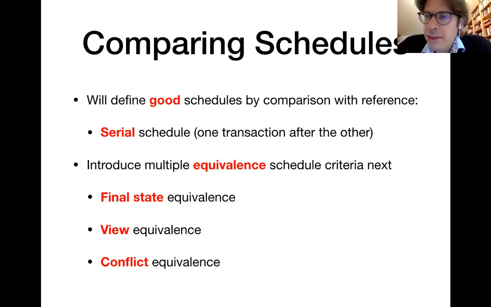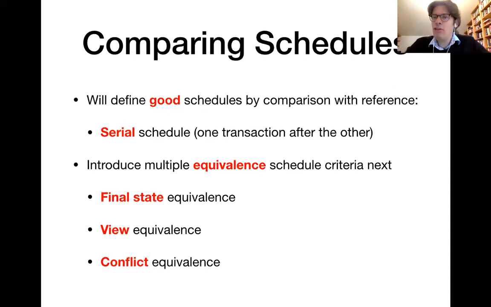So what is a good schedule? Now, a good schedule generally avoids the anomalies which destroy the illusion of being the only user executing transactions at the same time. So we will define good schedules by comparing to a gold standard, which is essentially a serial schedule. The user should feel as if transactions are executing serially, meaning one after the other, while in reality, we interleave the steps of different transactions.